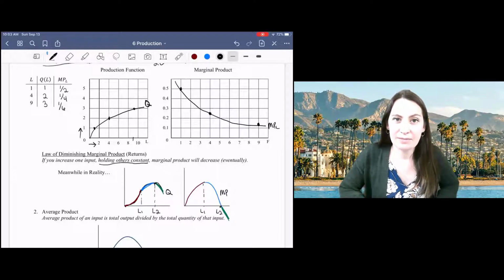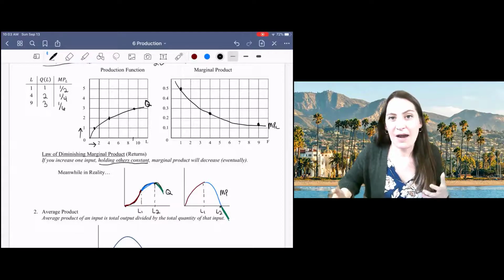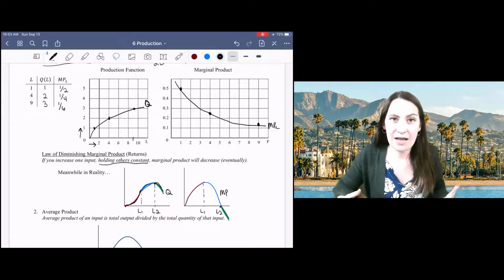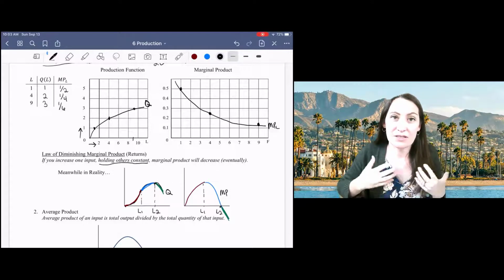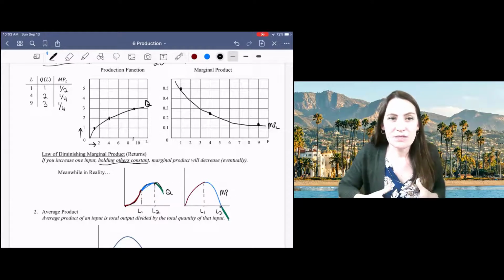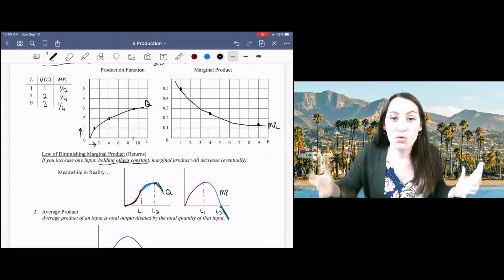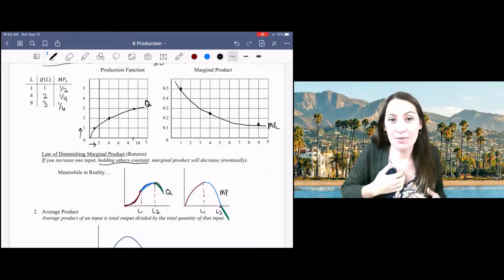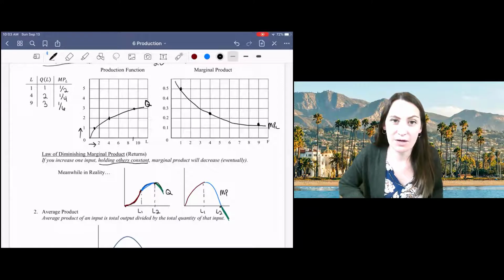The second baker will complete additional tasks that are maybe slightly less profitable, but still add to the profitability of the business. In addition to the fact that firms will allocate resources primarily to the most profitable tasks first, we can also understand this law in terms of how crowded the fixed input becomes. Here, we're only talking about labor, but in reality, we have lots of different inputs into the production process.